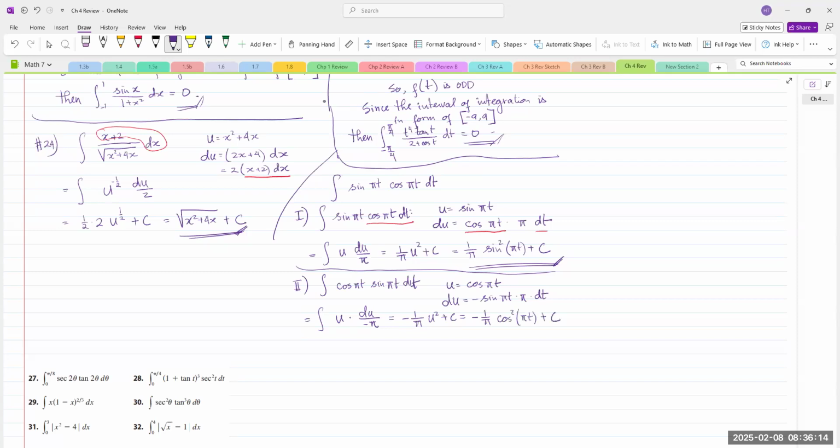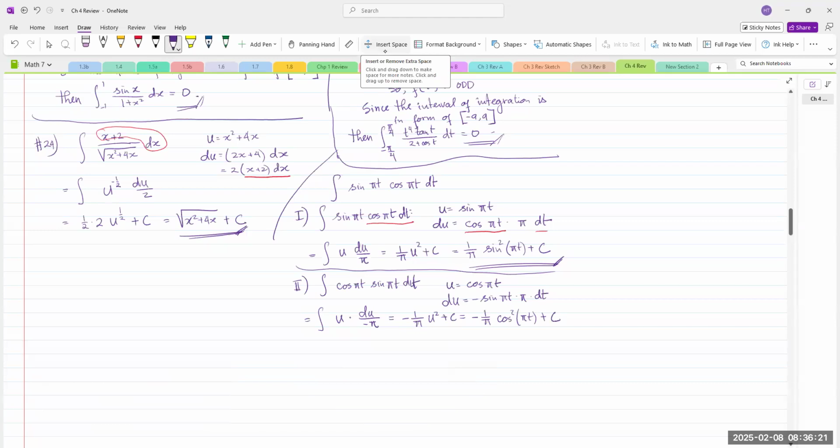Now at this point, you may wonder, but Thomas, they look very different. That's right, they look very different. But with the constant, they are actually the same. Let me call this C1 and this C2 and show that they are actually the same. Think about this. 1 over pi sine squared pi t plus constant 1, we can rewrite sine squared as 1 minus cosine squared.